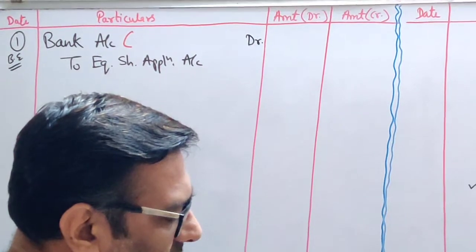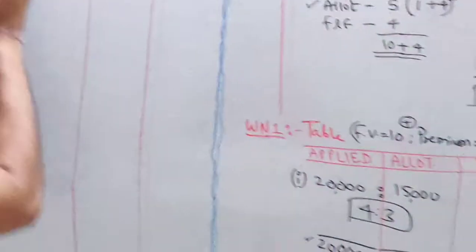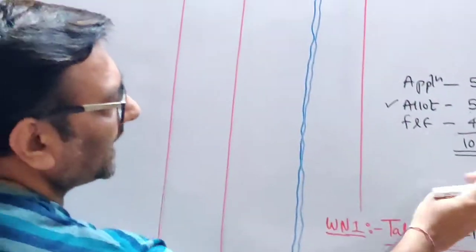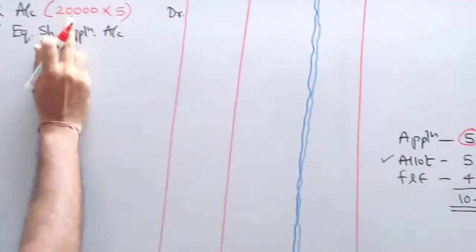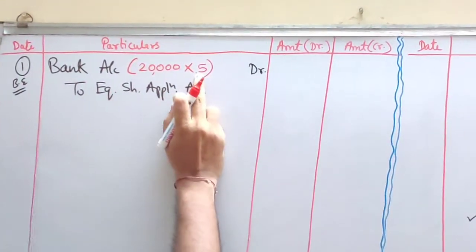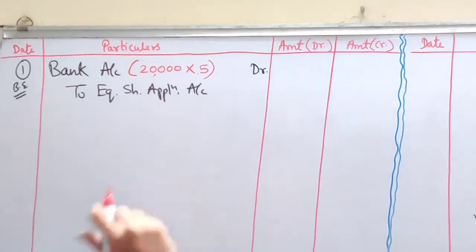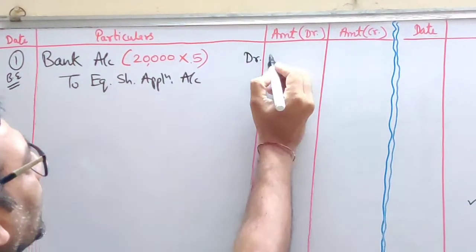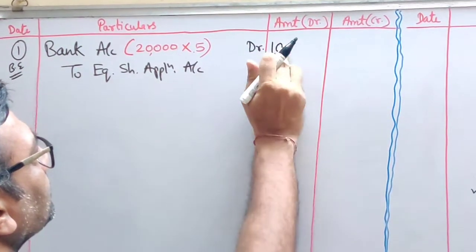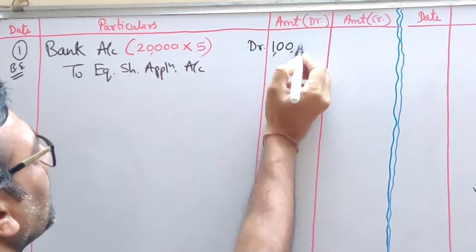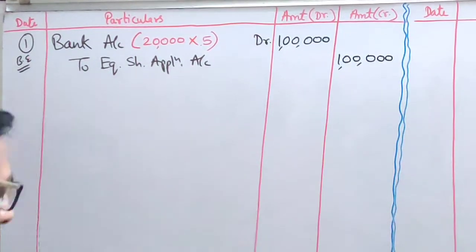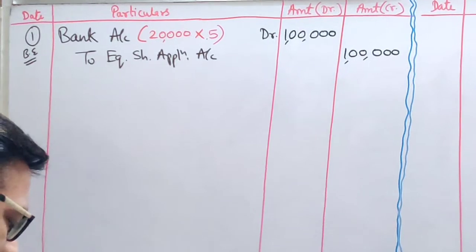The number of shares which you have written in column number 1, 20,000. So 20,000 into, what is the application money? Application money is 5 rupees. So everyone applied for 20,000 shares, and at the time of application you are supposed to pay 5 rupees. If you multiply, the amount will be 1 lakh. So we are done with our first entry.